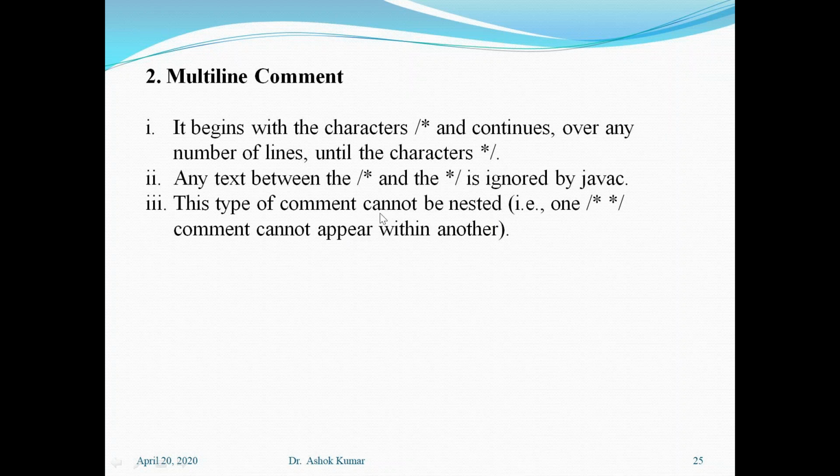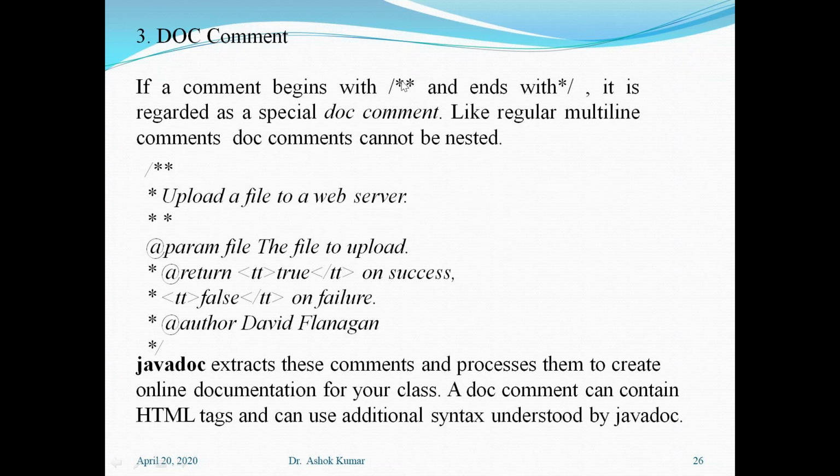The third type of comments that are allowed in Java is doc comments. A doc comment starts with slash double asterisk and ends with star and slash. Whatever you put within these two symbols will be treated as a doc comment by the Java compiler. So what is the benefit of doc comments? These are used to build the online documentation of your class.